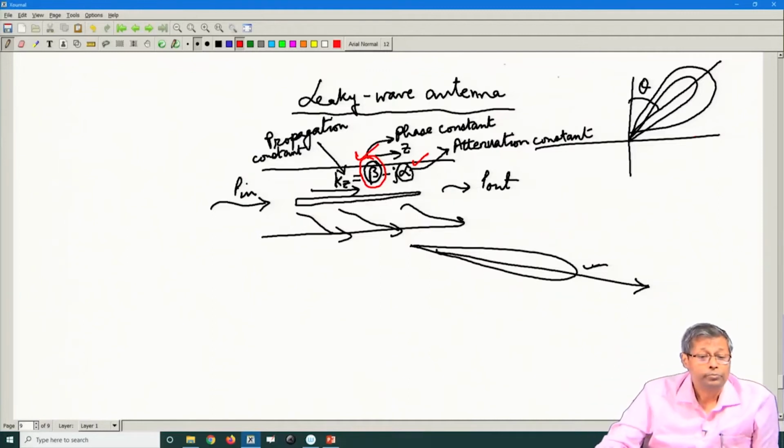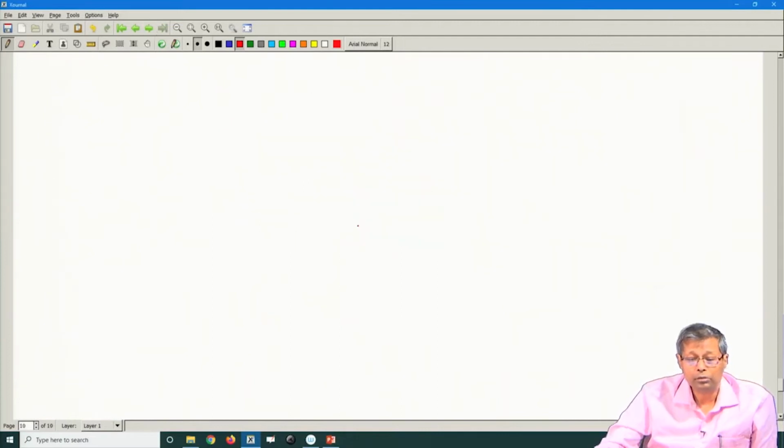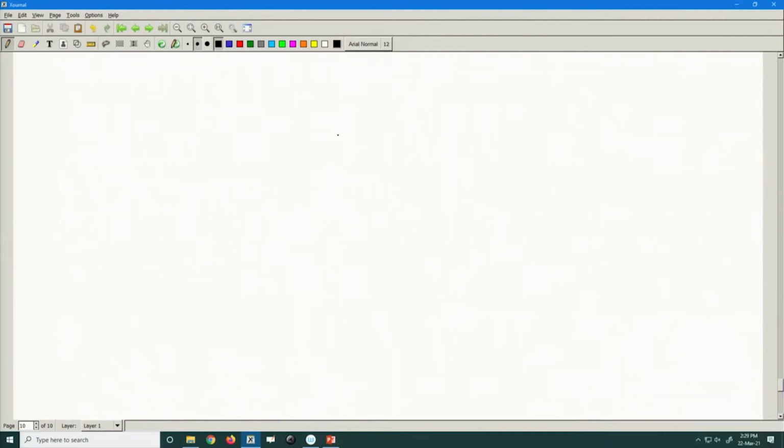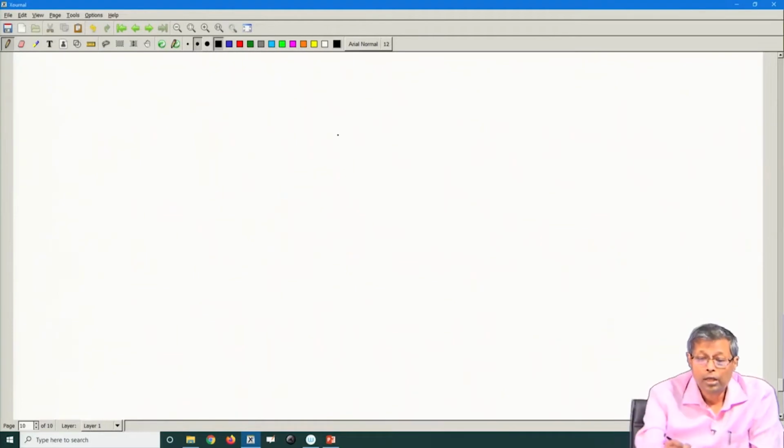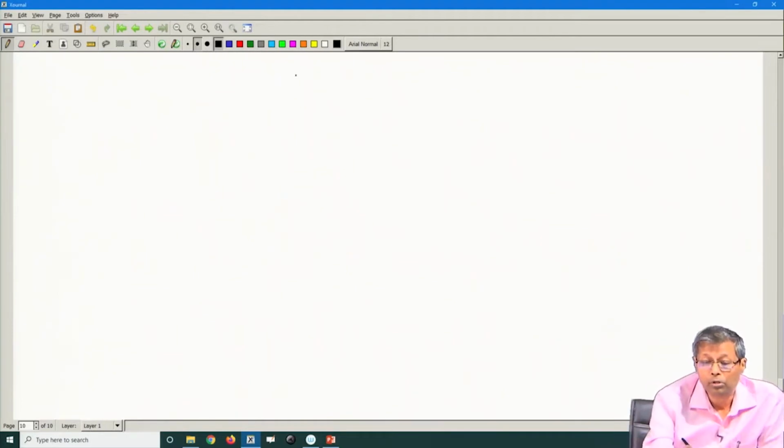So, the next part we will see how the equations can be expressed entirely in terms of circuit quantities. So, the representation entirely in terms of circuit quantities.